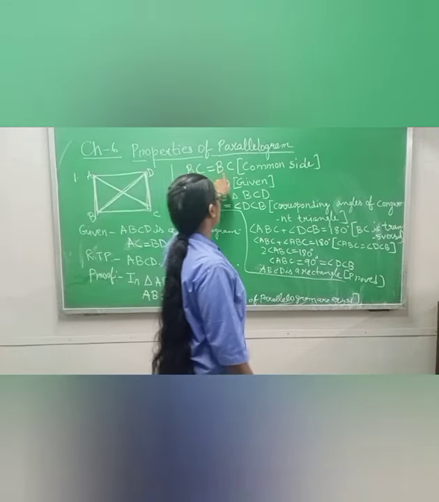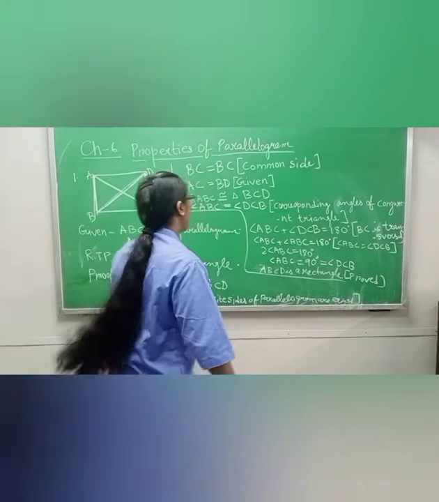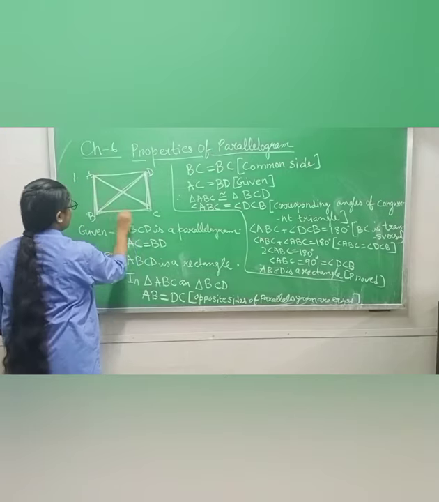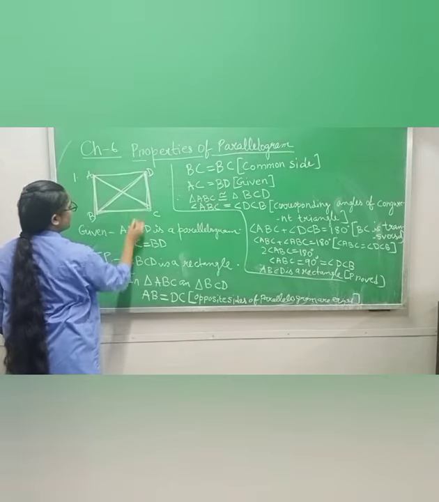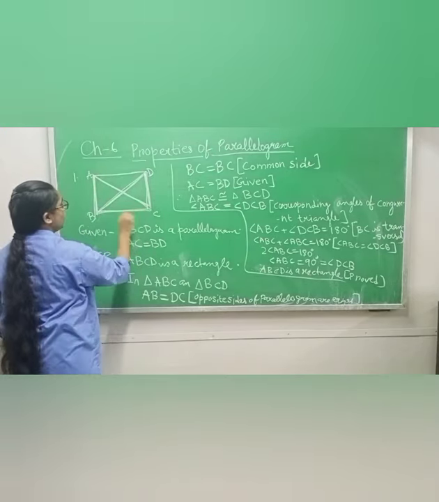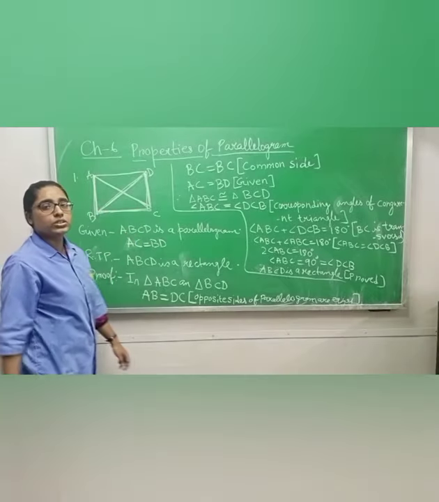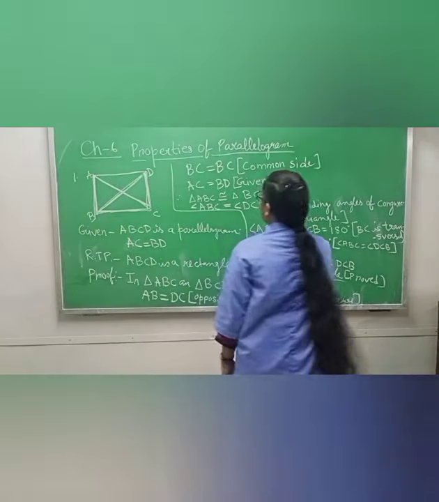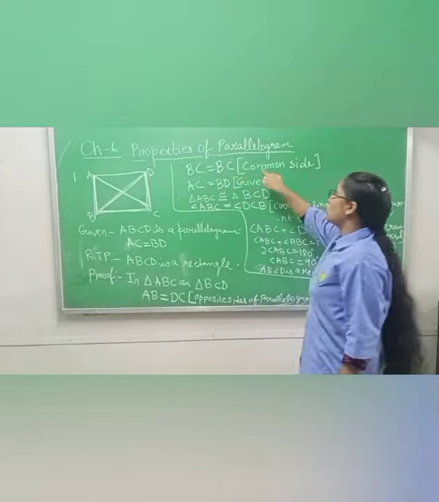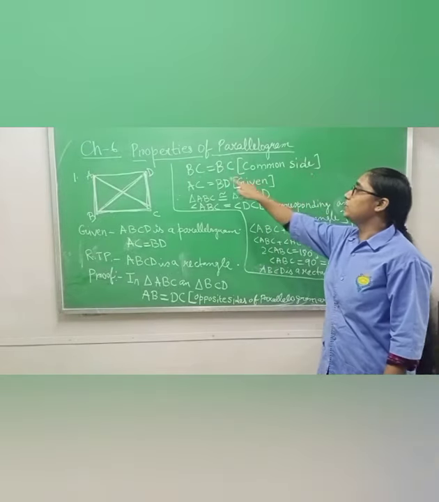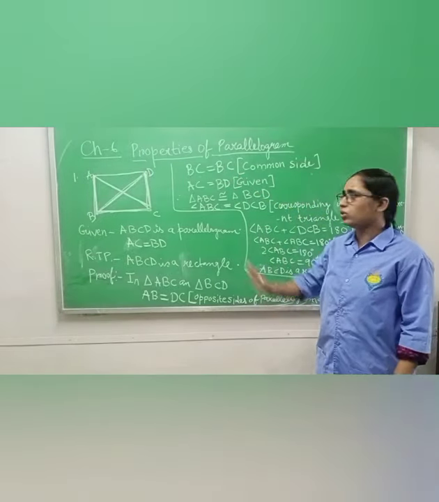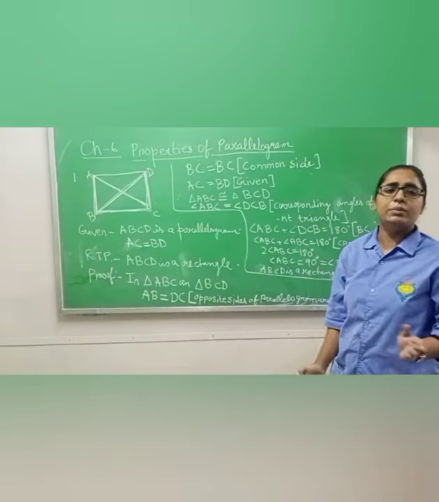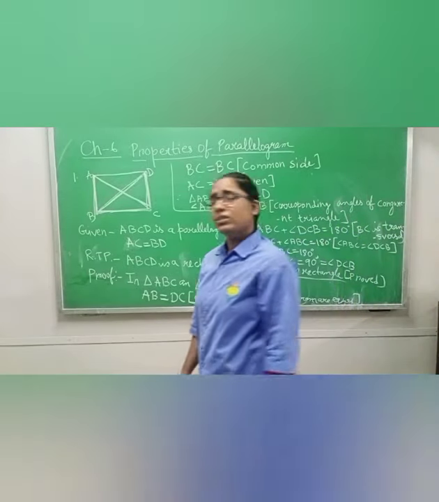Now BC equals to BC, common side. You can see in triangle ABC, BC side is present, and in triangle BCD also BC side is present. Of course, it is the common side. Or you can write BC is a common side directly, no need to write BC equals to BC.